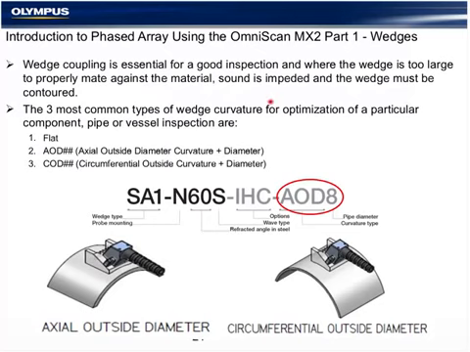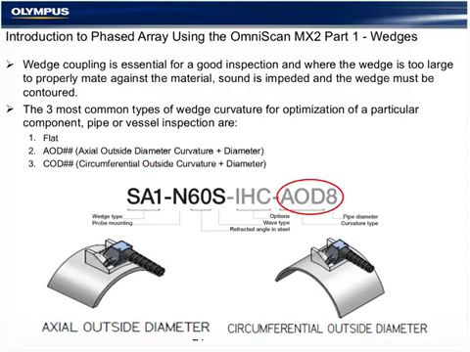So the wedges are also designed to come in different orientations and different cuts or curvatures. Most of them that we use are flat wedges on pipes and vessels in this orientation, but for the automated scanning, the scanners require an axial or circumferential curvature seen here, and they're ordered with the appropriate curvature from the catalog.